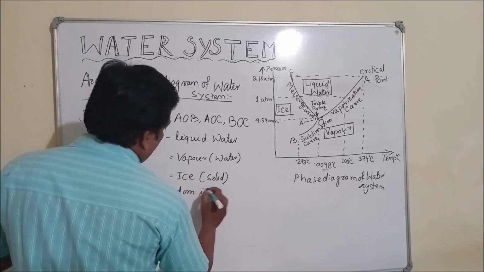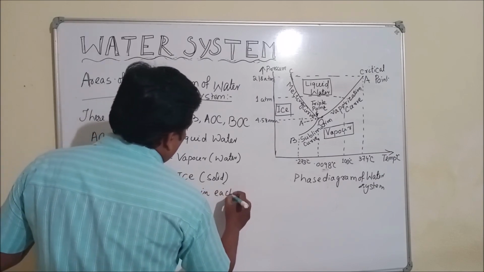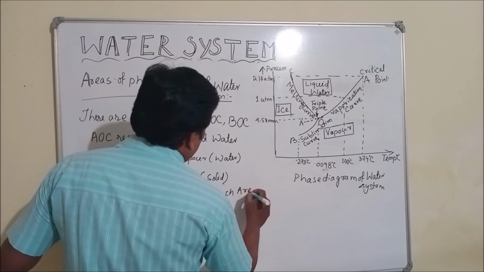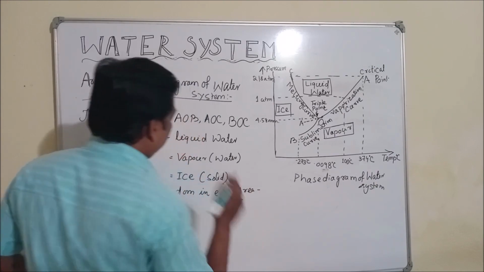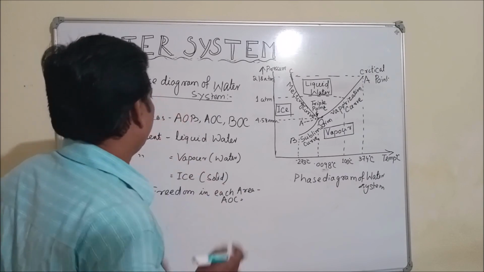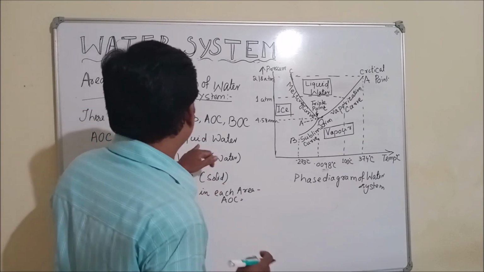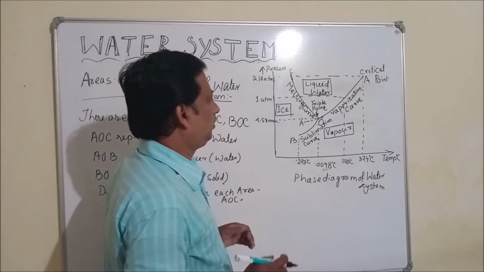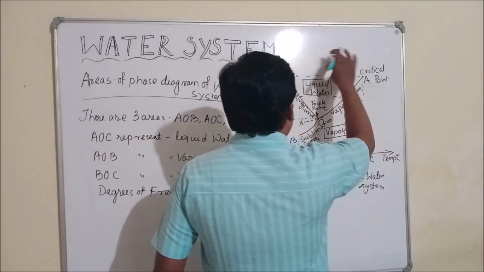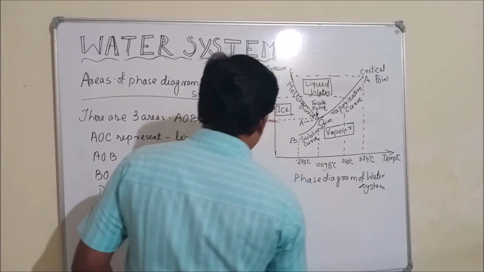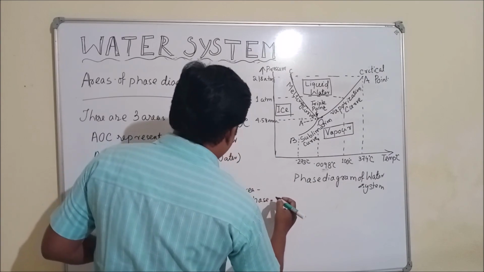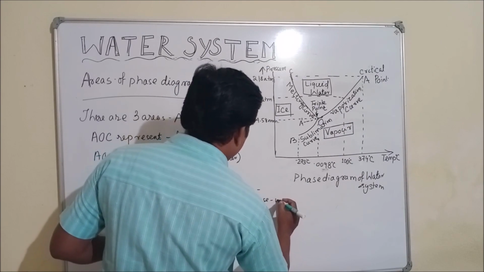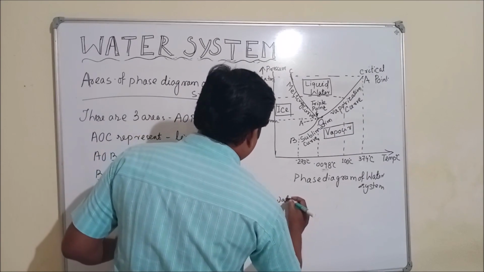Now, what will be the degrees of freedom in each area? Let's take AOC. AOC represents liquid water, so the phase is liquid water.